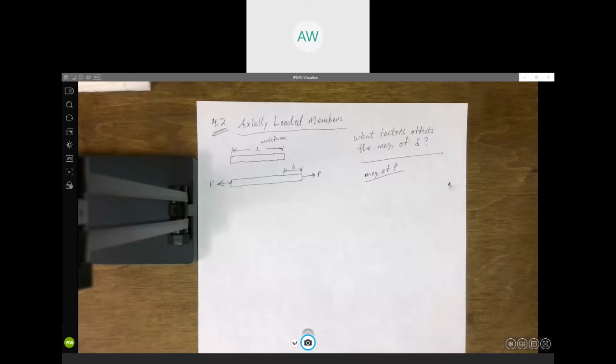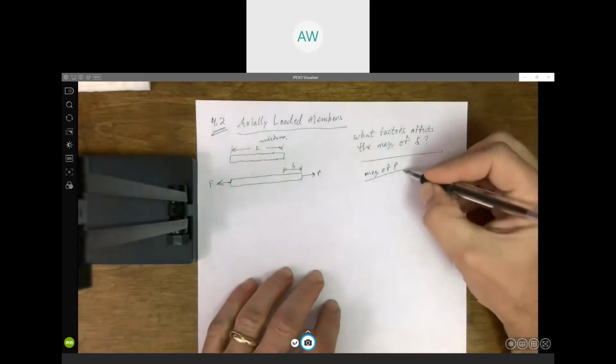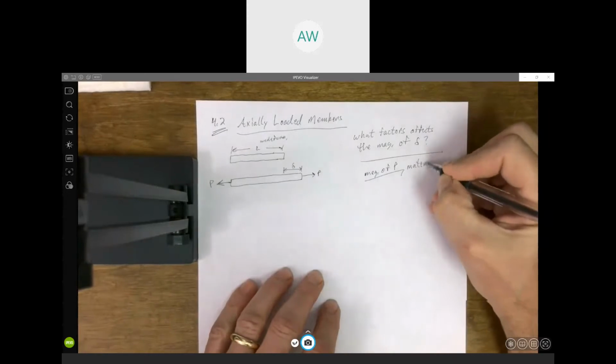Please. Modulus of elasticity. Say that again. Modulus of elasticity. Did you say the modulus of elasticity? Yeah. Okay. Yes, sir. Right. So the material, right?